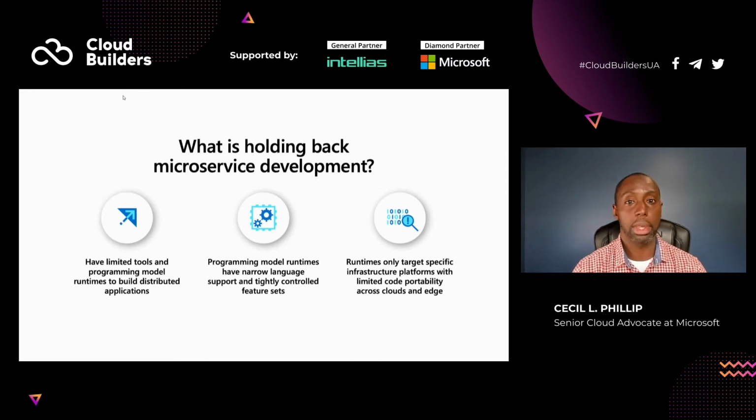Maybe I want to use other things like secrets and publish subscribe. Based on the ecosystem and the community, I might have advantages of using one language versus another, or one operating system versus another. What if I want to host my stuff on premise? What if I want to host it in the cloud? What if I want to do both and have something of a hybrid model? All these things are things that we have to really start to think about as we build these microservice type applications.